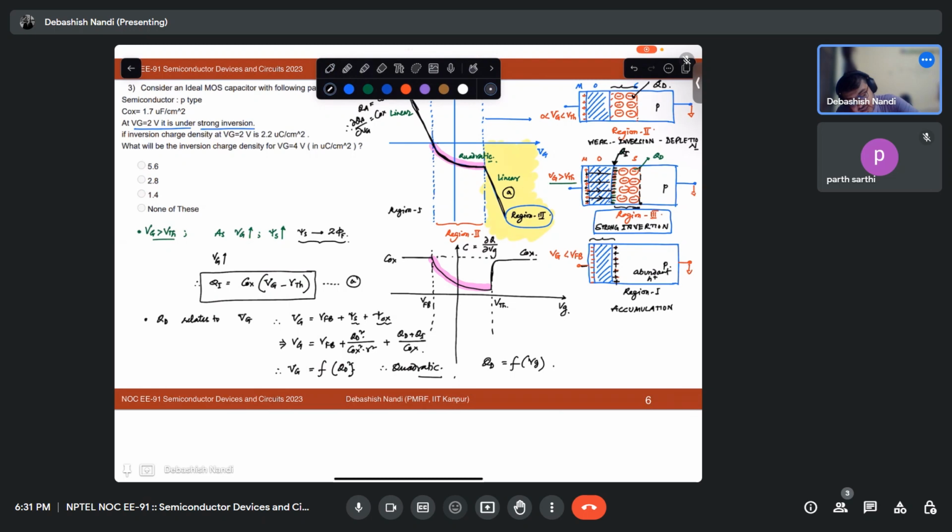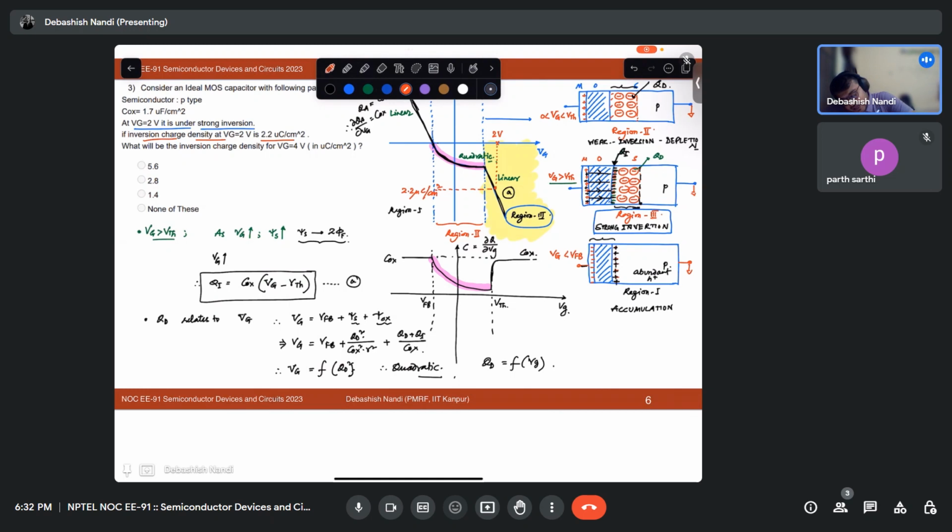Let's say this value is somewhere here, we are at 2 volt, and at 2 volt the inversion charge density is 2.2 microcoulomb per centimeter square. We are talking about the modulus of the charge. Obviously for a p-type substrate the inversion charge will be negative, so it will be minus 2.2, right? So we are in the bottom half of the quadrant, so the sign convention is correct, okay?